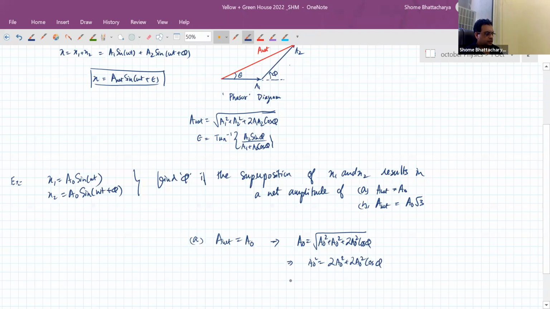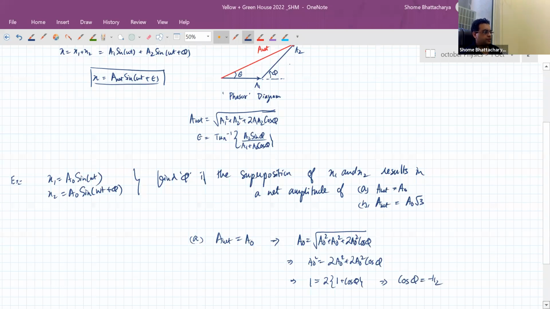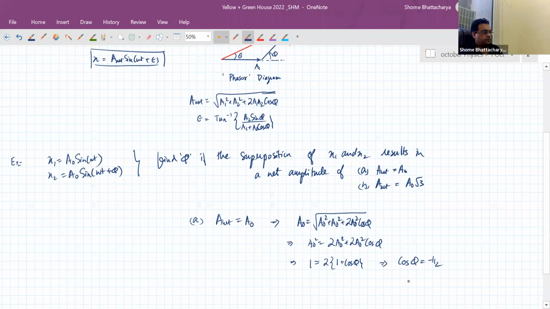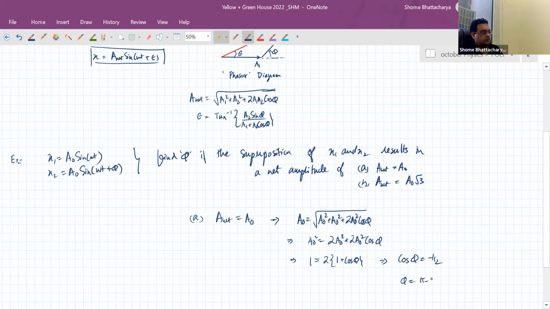So this will tell us that cos phi should be minus half. So phi should be 2 pi by 3 or 120 degrees.